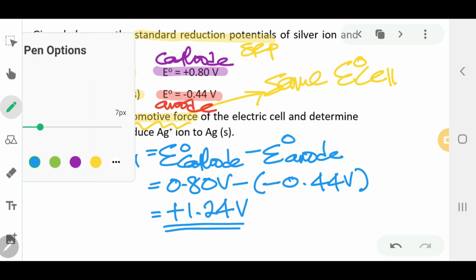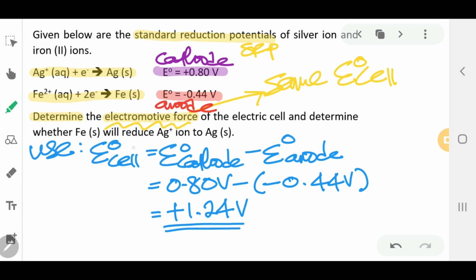Okay, so for the next question, it says over here, determine whether this iron solid will be able to reduce Ag plus into Ag. The word reduce refers to the reduction, whether it will be able to reduce the Ag plus into Ag solid.